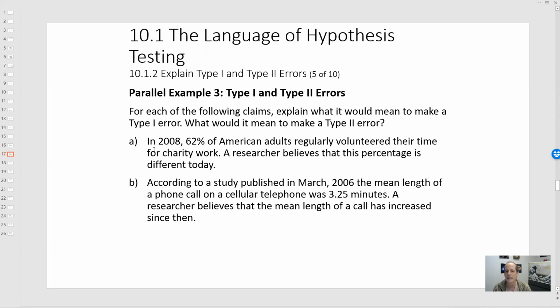In 2008, 62% of American adults regularly volunteered their time for charity work. The researcher believes that this percentage is different today. What would it mean to make a type 1 error? A type 1 error would be that the data you got said that yes, it's changed, but in essence, it's really still at about 62%.